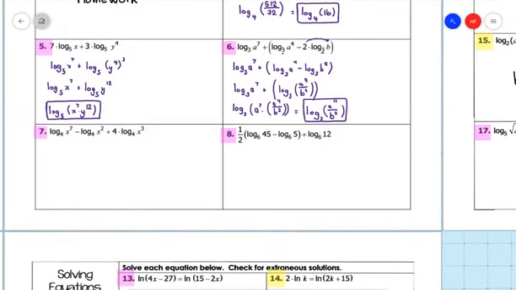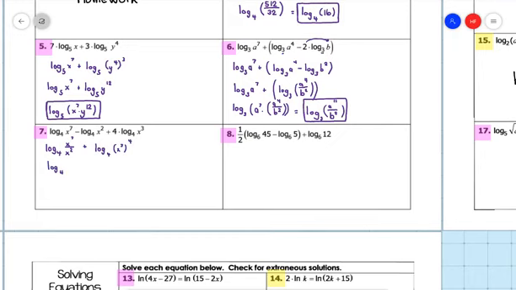Number 7, we're going to subtract then add log base 4 of x to the 7th over x squared plus log base 4 of x cubed to the power 4.